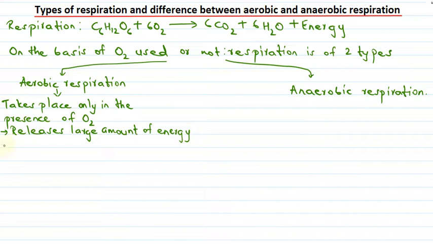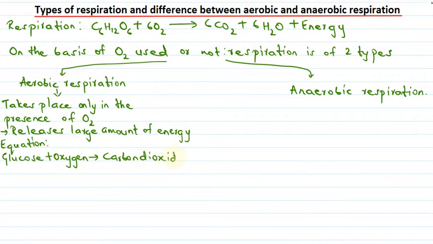We can write the equation as: glucose, which comes from the food that we eat, is broken down by oxygen, or the glucose gets oxidized, and this produces carbon dioxide, water vapor, plus a large amount of energy.